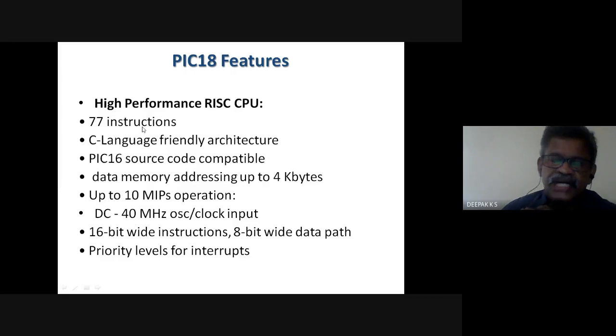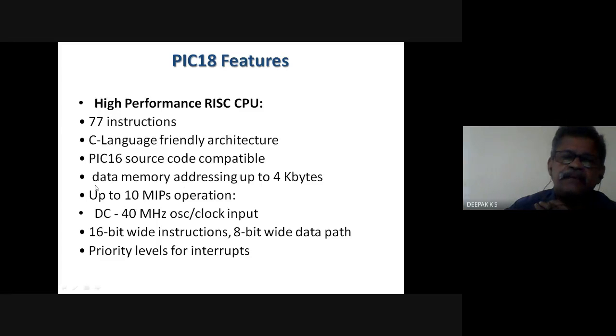If it had been a CISC, there would have been 100 or 200 varieties of instructions. So RISC normally has a lower number of instructions. Its architecture is C language friendly, and it is upward compatible to PIC16. PIC16 source code is compatible. So it is upward compatible to PIC16, which is the next lower version of this 8-bit PIC.